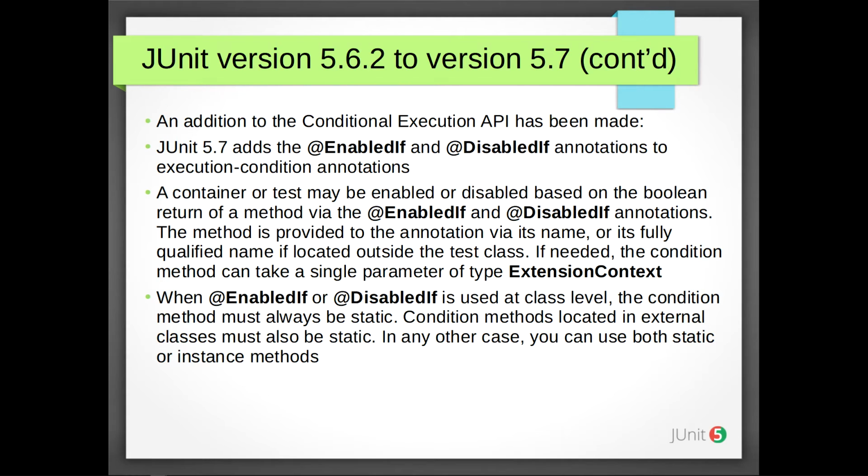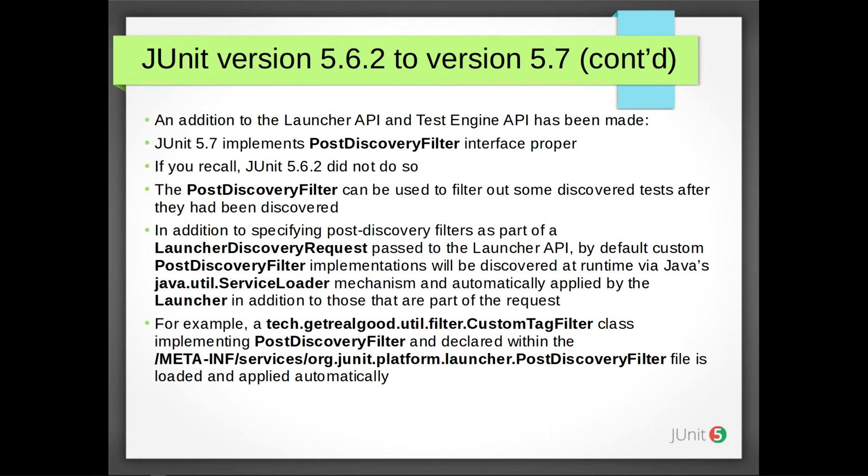Alright, let's go on. An addition to the Launcher API and Test Engine API has been made. JUnit 5.7 implements the PostDiscoveryFilter interface properly. If you recall, JUnit 5.6.2 did not do so. The PostDiscoveryFilter can be used to filter out some discovered tests after they had been discovered.